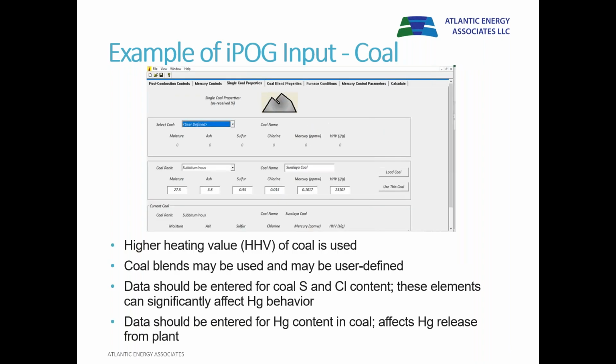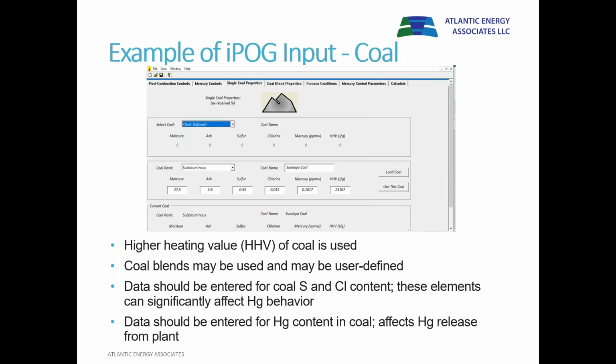Once we have configured our system to mirror what we want to consider, the next screen opens up for coal. Coal input is quite flexible in iPOG. It can include a single coal's properties, or a blend of up to 3 types of coal, which, by the way, is one of the strategies to control emissions.